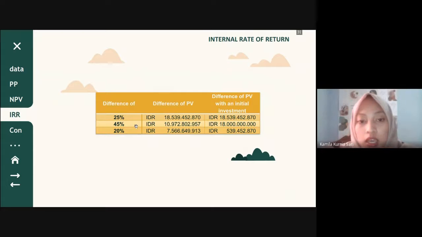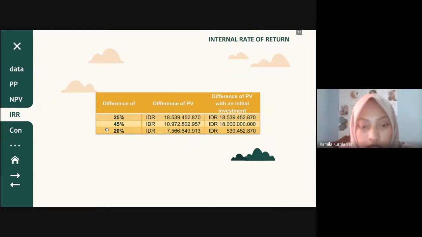For the second row in the first column, we have 45% because we choose a 45% required profit, and this is the total of present value for 45%.